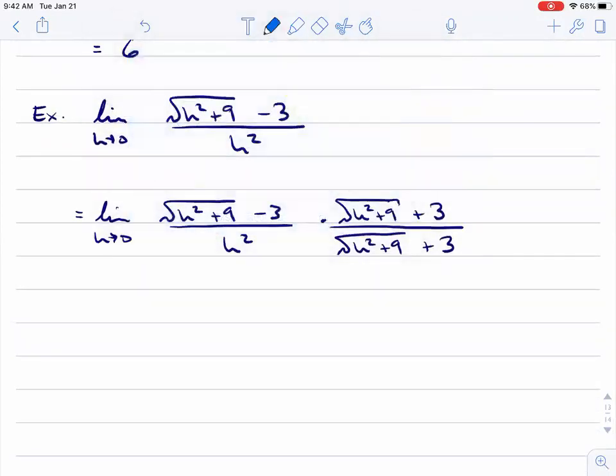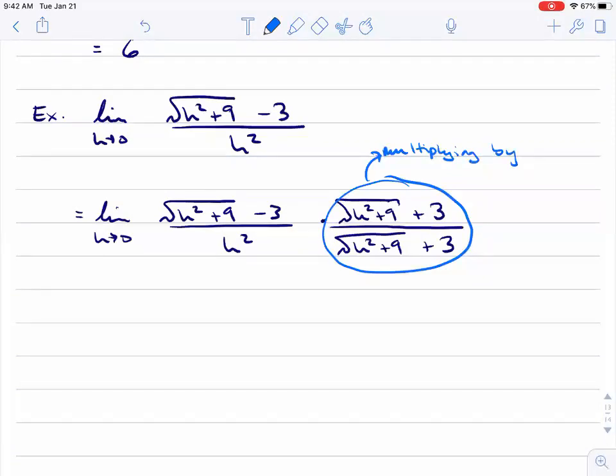Just as a side note here, what I'm doing is I'm multiplying by, I'll put 1 in air quotes.